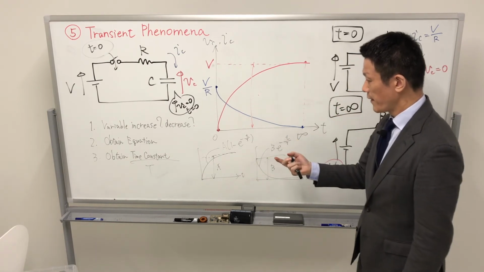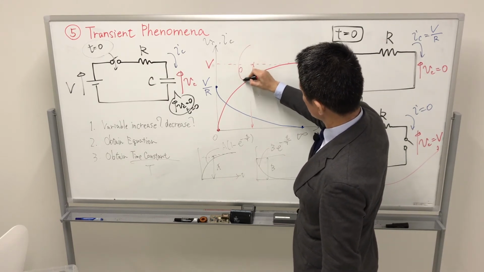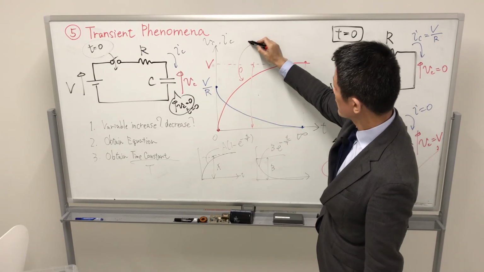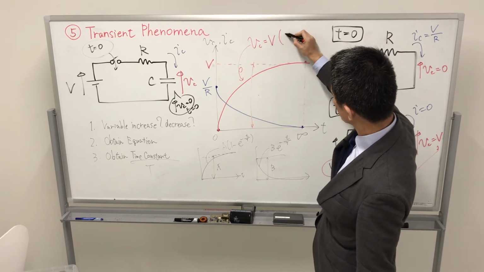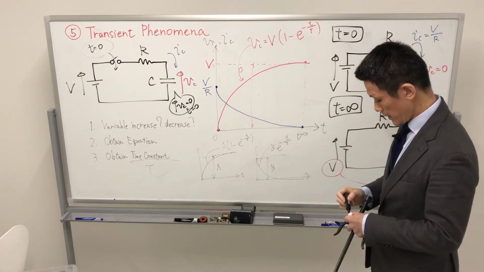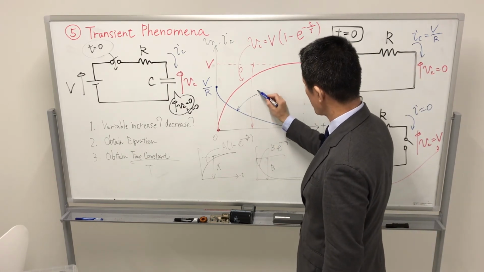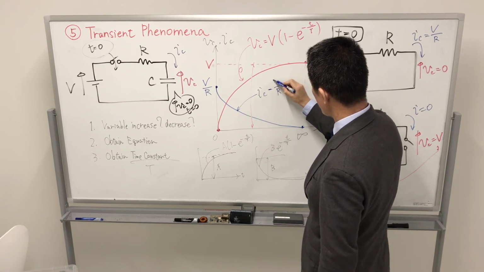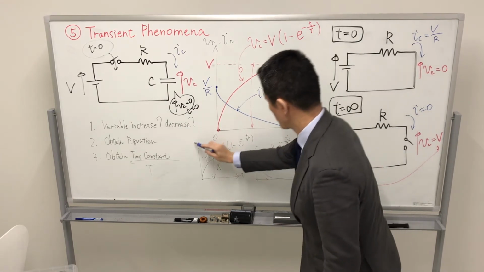In this case, this red line indicates the VC. So VC indicates the transient value is V, and it is decided by this one. And this one is the IC, indicating IC, decided using this law.